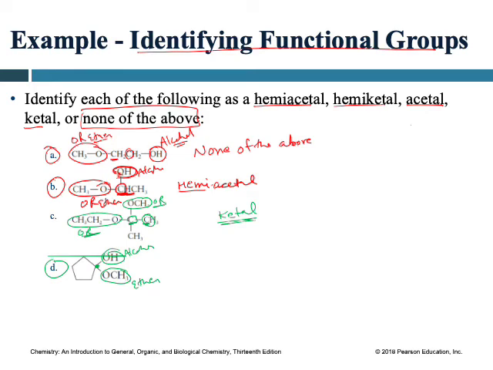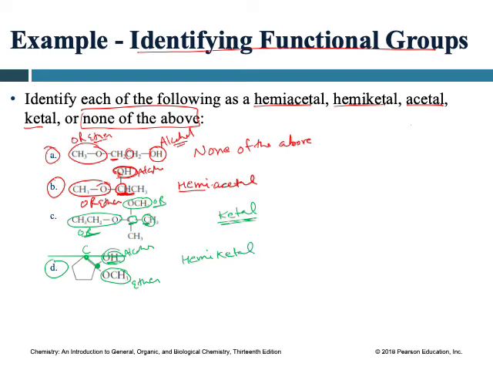And the third bond is attached, again, to a carbon, right? So there is no hydrogen attached to this center carbon. That means it comes from a ketone, but one of the groups is an OH group, so that means this is a hemiketal.